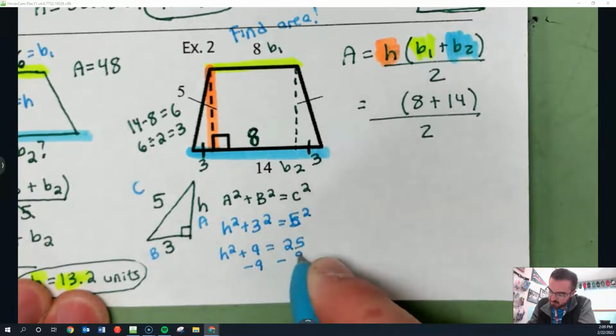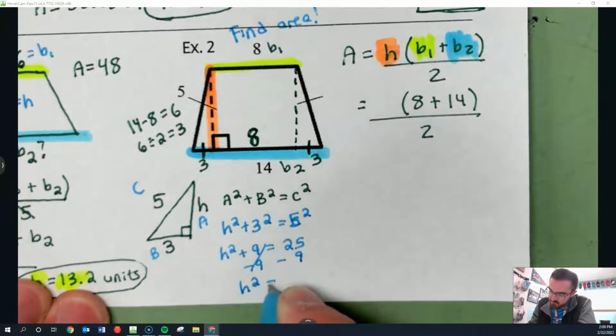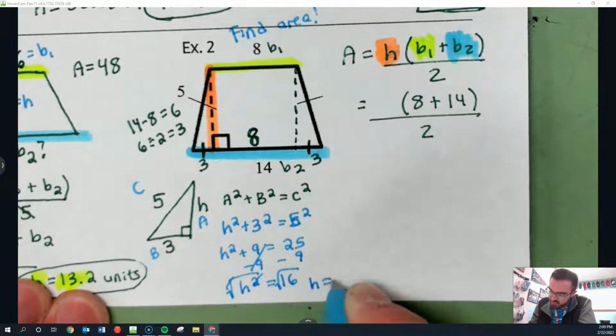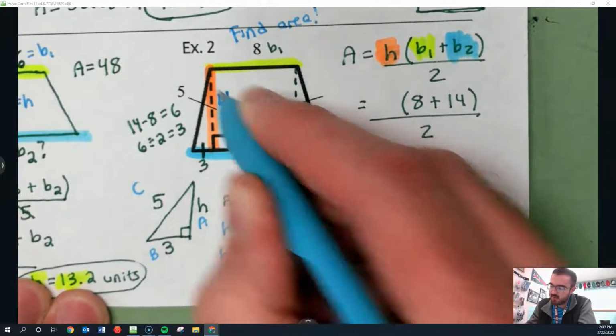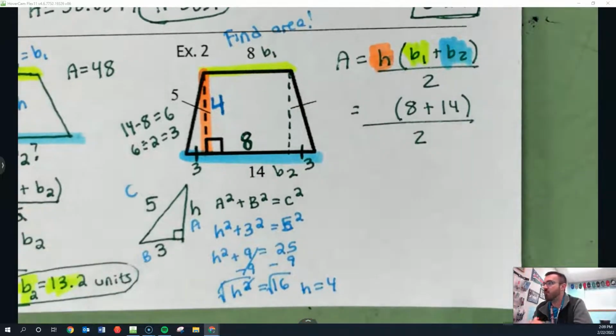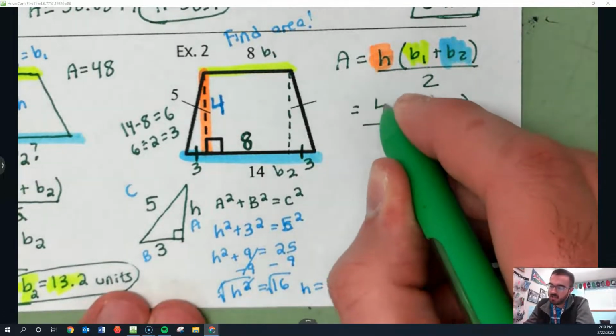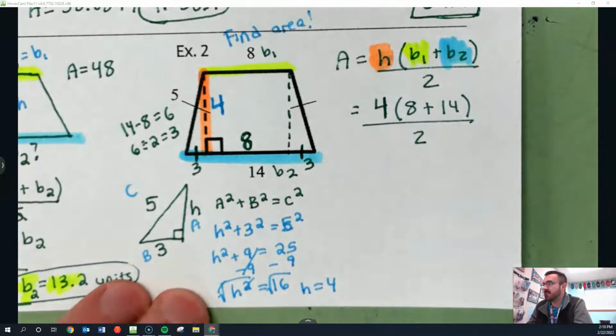Subtract 9 on both sides. h squared equals 16. Find the square root. h is going to equal 4. So what we just learned is that this height right here is actually 4. Using the Pythagorean theorem, more or less, that's what we just did. Height is 4, so I can plug that in.